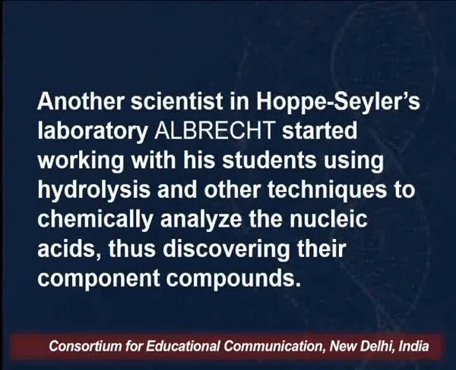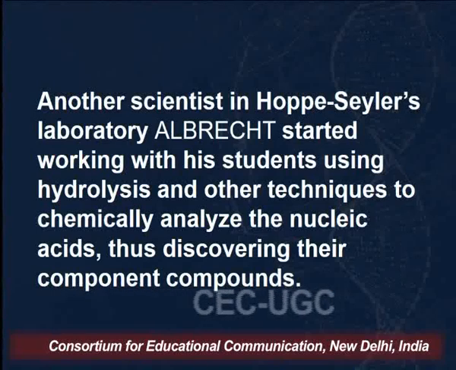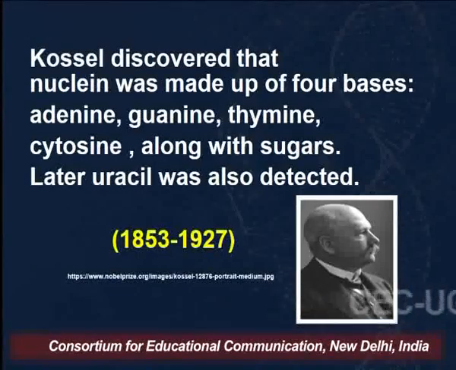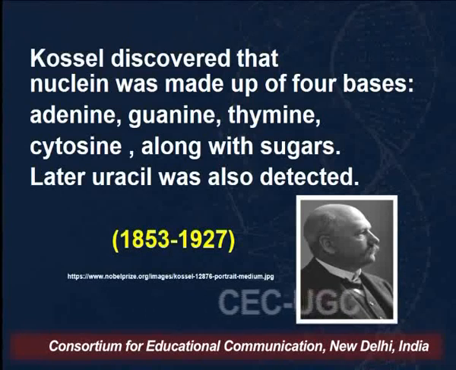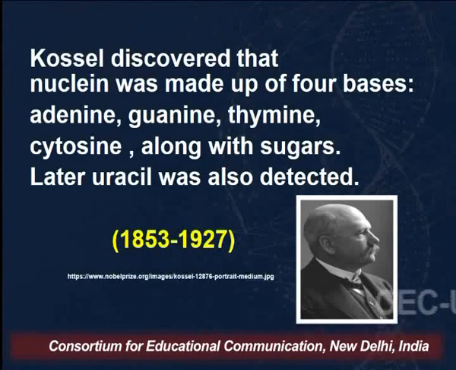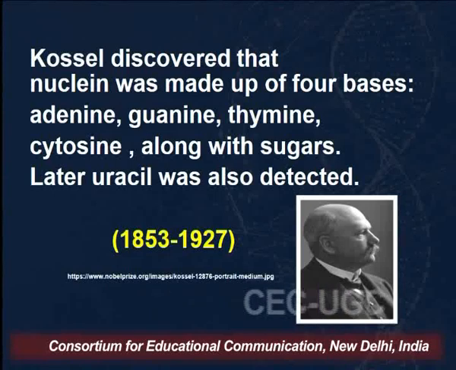Another scientist in Hoppe-Seyler's laboratory, Albrecht Kossel, started working with his students using hydrolysis and other techniques to chemically analyze the nucleic acids, thus discovering their component compounds. Kossel discovered that nuclein was made up of 4 bases: adenine, guanine, thymine, cytosine, along with sugars. Later, uracil was also detected.